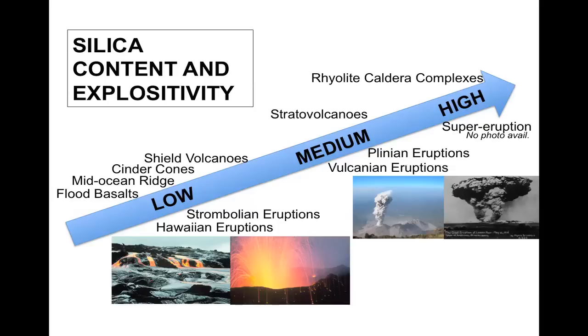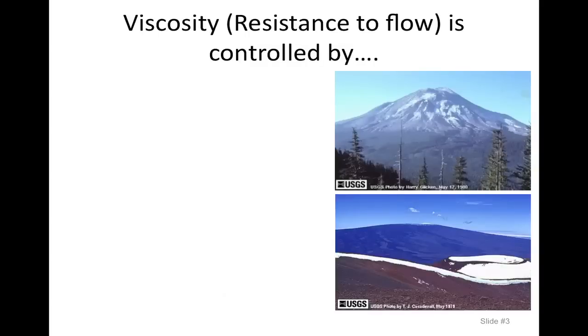All right, so with that being said, let's take a look at viscosity and how that plays a role. So viscosity is defined as the resistance to flow. High viscosity means high resistance to flow, which simply means that the fluid is resisting movement. So it would have a slower movement associated with it.